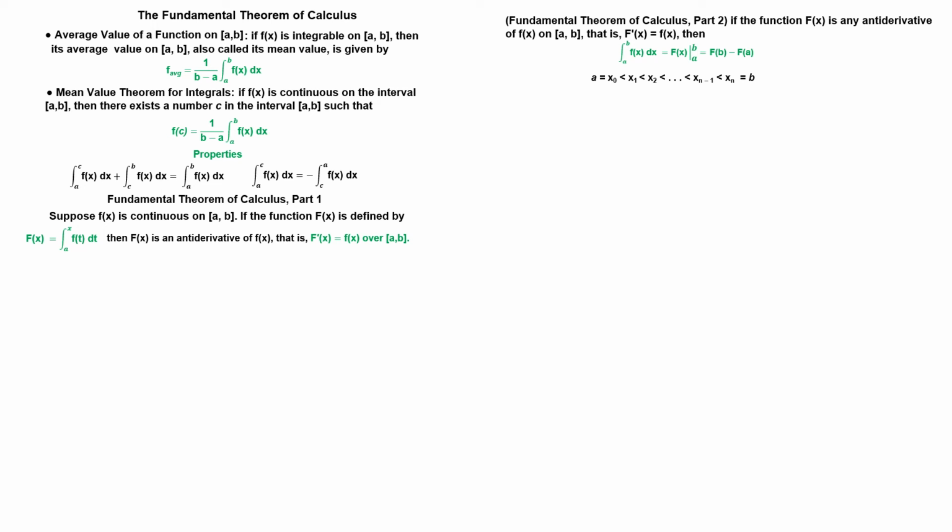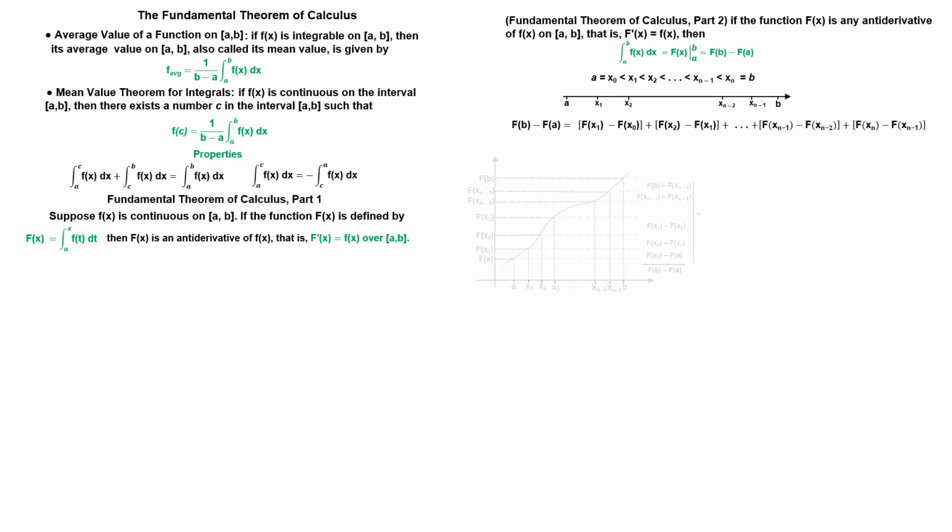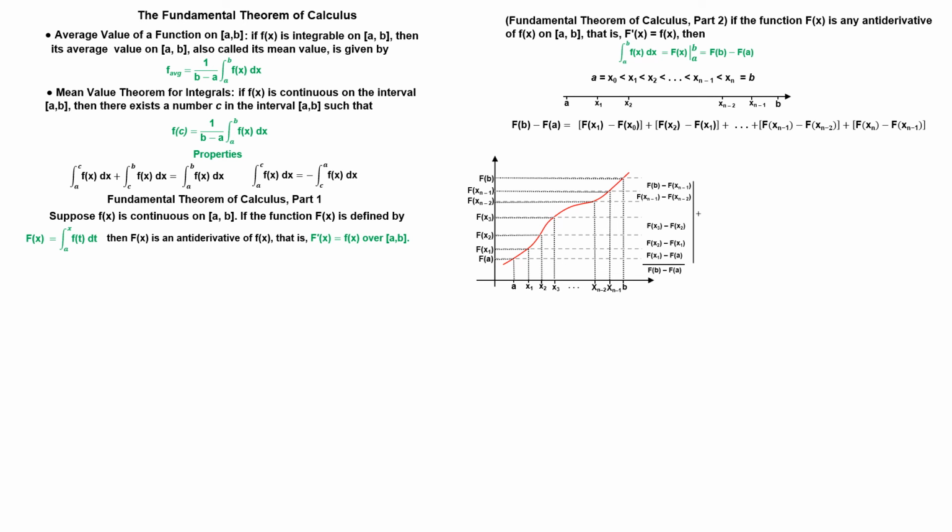Consider the following partition of the interval [a, b]. We can break up f of b minus f of a as a sum of changes over the subintervals. By adding the subintervals and using sigma notation, we get the following.